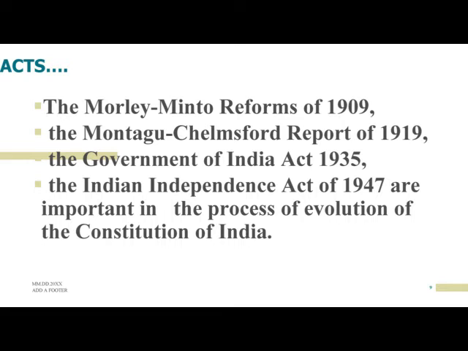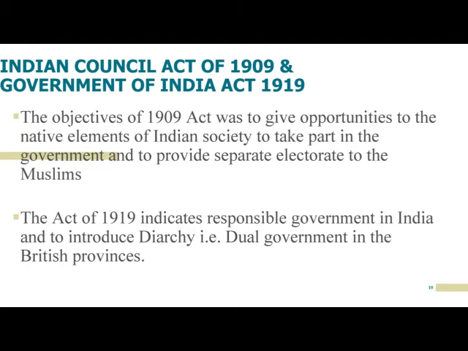In that, the first one, the Indian Councils Act of 1909, the Morley-Minto reforms. The main object of this act, as explained by the Under Secretary of State for India, was to widen the basis and expand the functions of the Government of India and to give further opportunities to the native elements of Indian society to take part in the work of government.